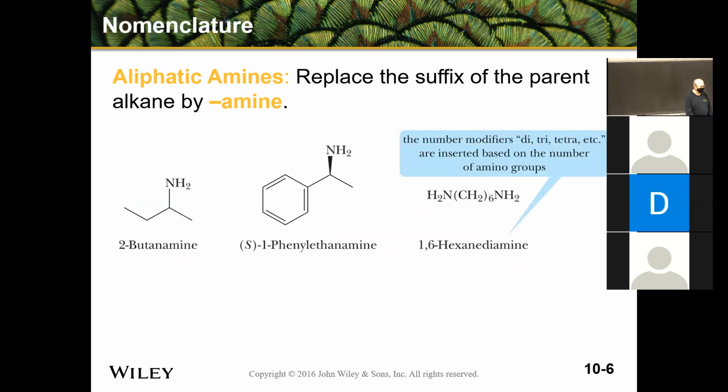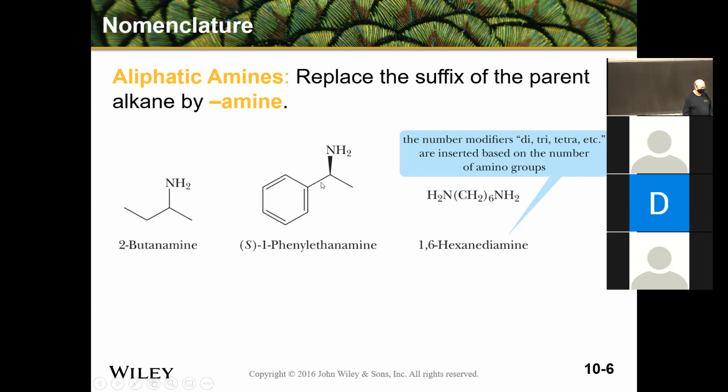In the IUPAC system, we take the name of the longest carbon chain, and we drop the E, and we add the suffix amine. Okay, so this becomes 2-butanamine. You could also say butan-2-amine. That's the more recent version.